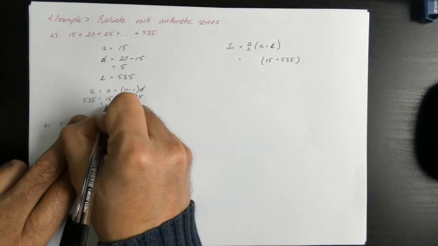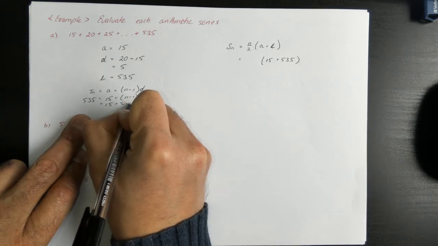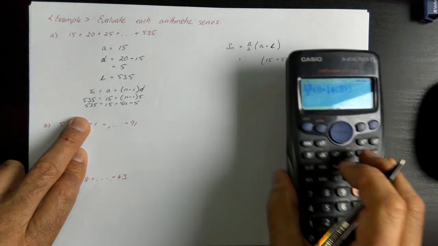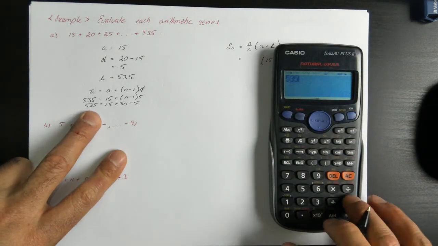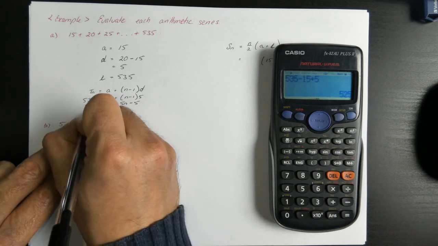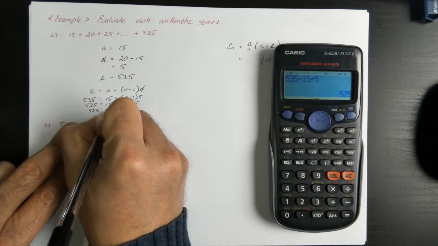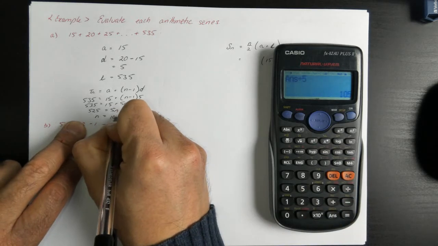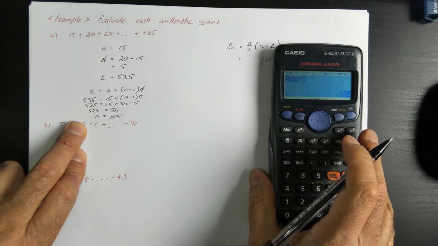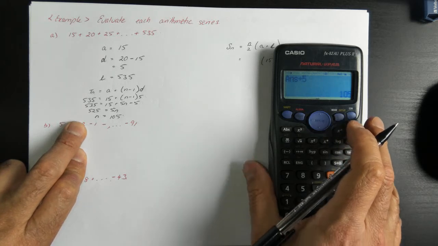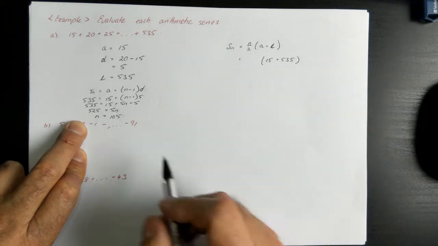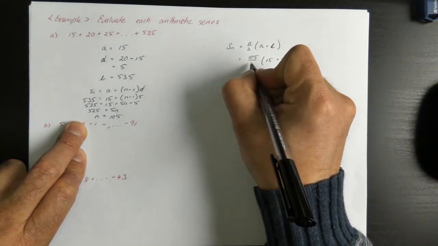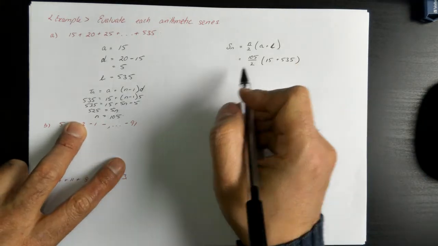So we've got 15 plus 5n minus 5 equals 535. 535 minus 15 plus 5 is 525, which equals 5n. So n is equal to 105. Okay, so we've got 105 over 2 multiplied by the first and last term.